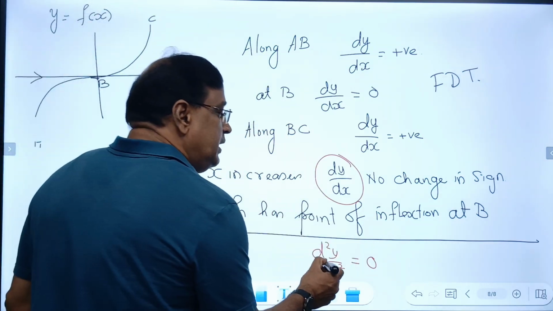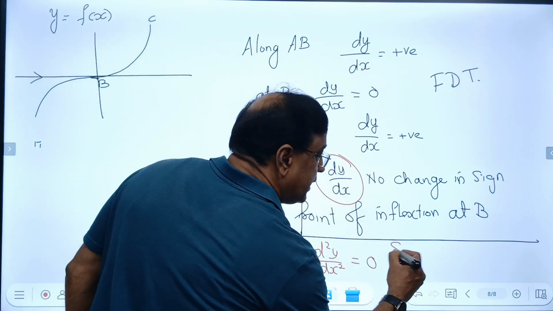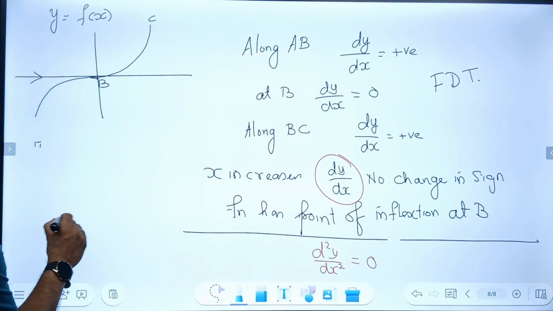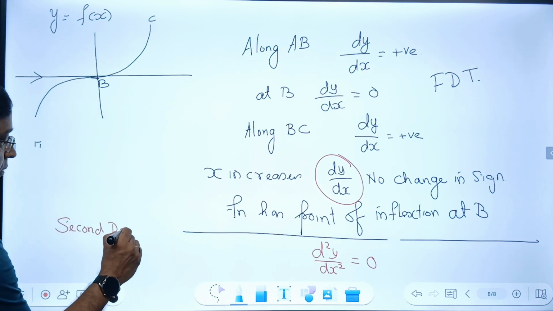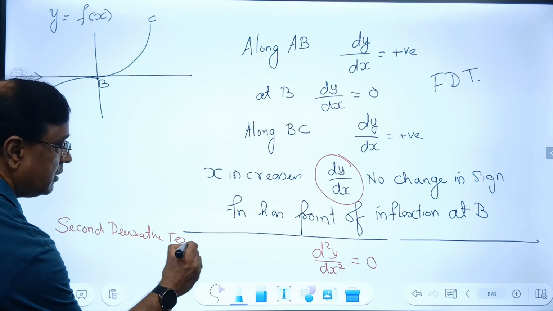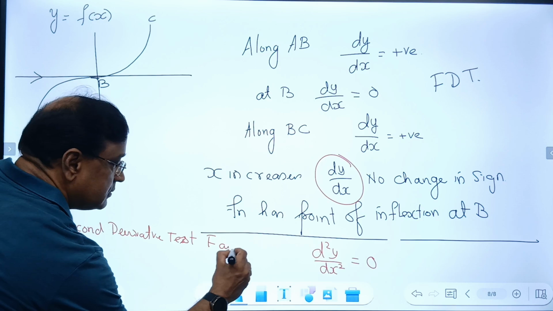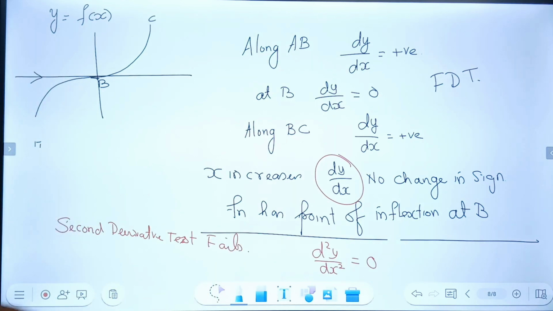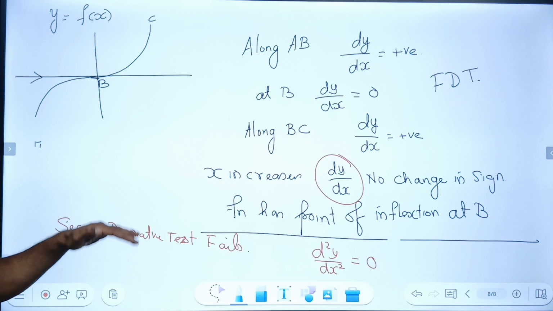So once d square y by dx square is 0, you can say the second derivative test fails. If you get the second derivative as 0, you can say the second derivative test failed.